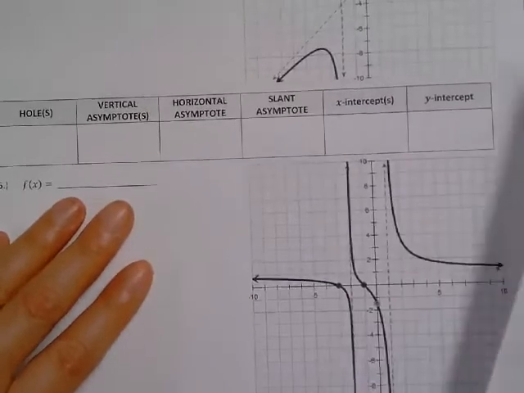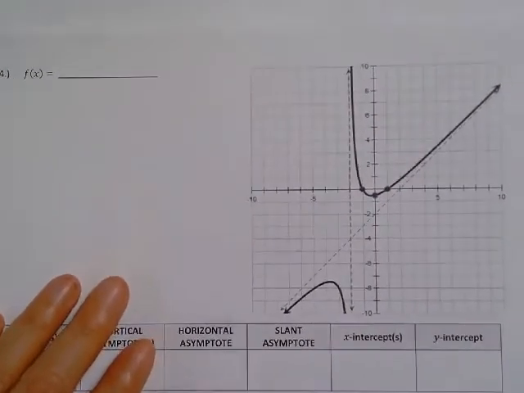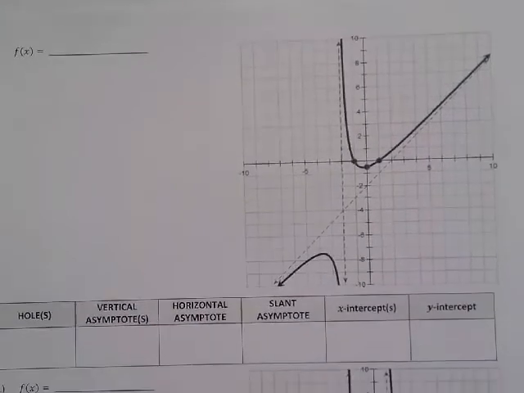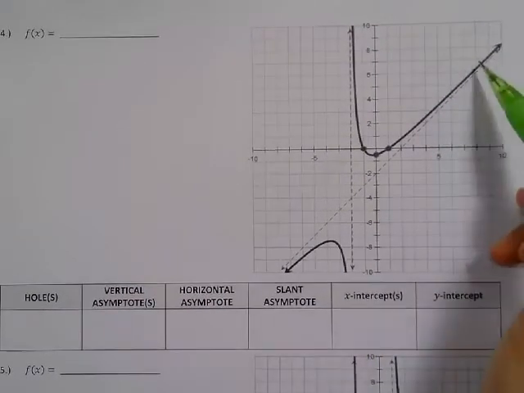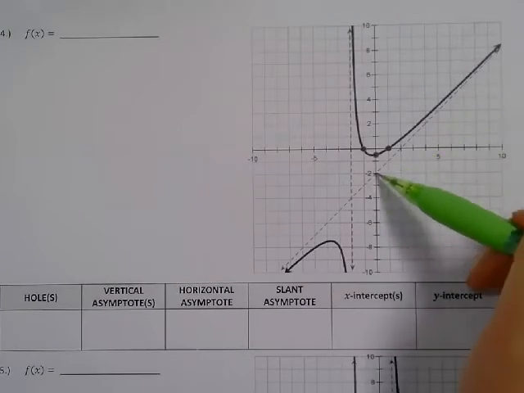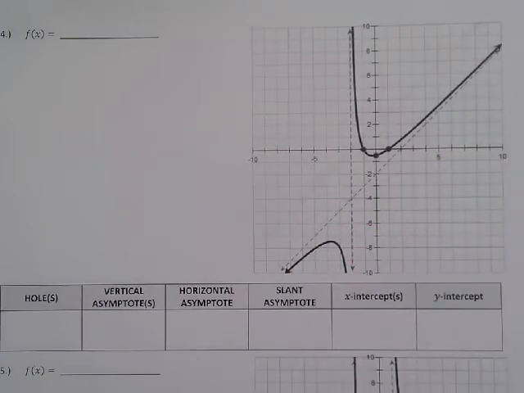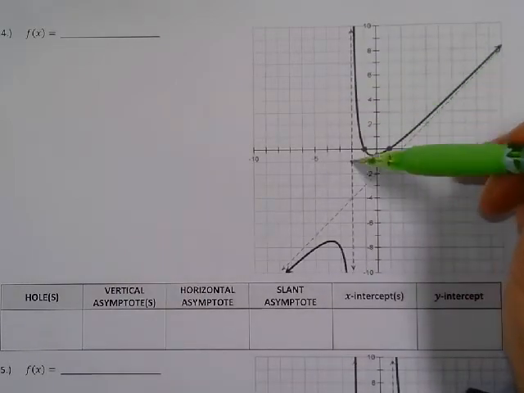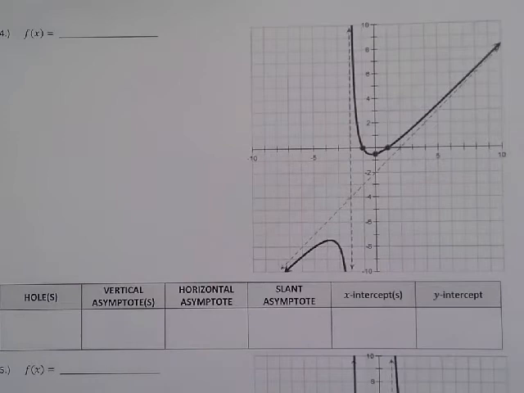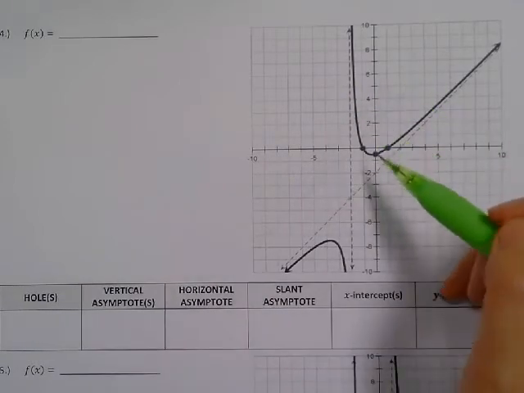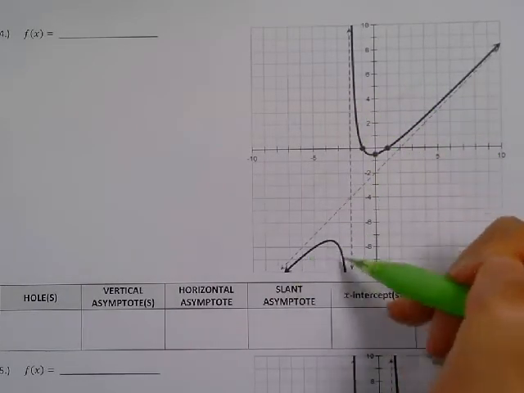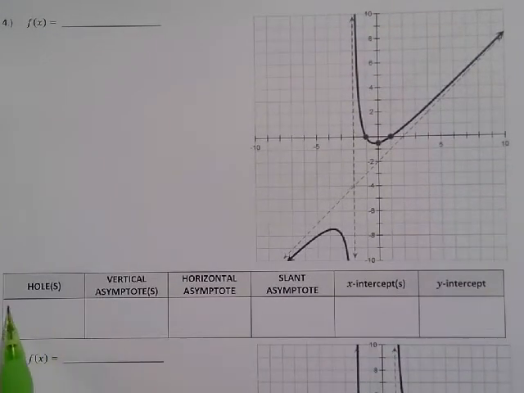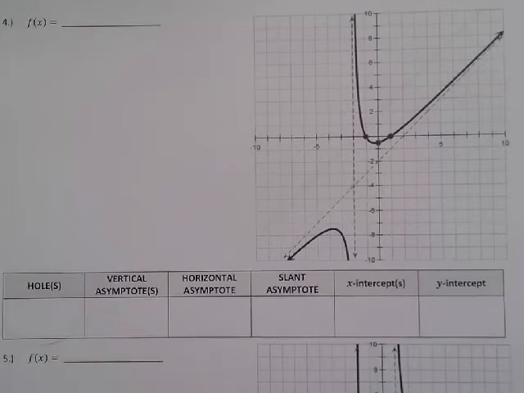Number 4 will be a little bit more comprehensive, where we use everything so far. Look, now I do have an official slant asymptote, and there's also a vertical asymptote. At least I don't have any open circle around my curve, so probably I will be free from dealing with holes here.